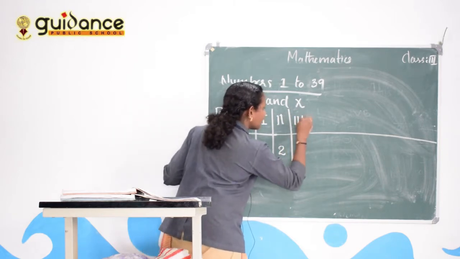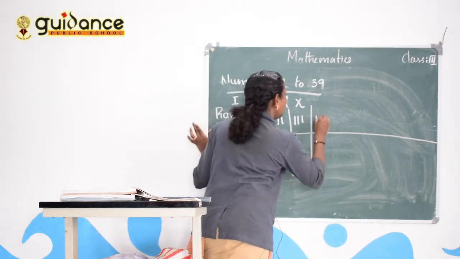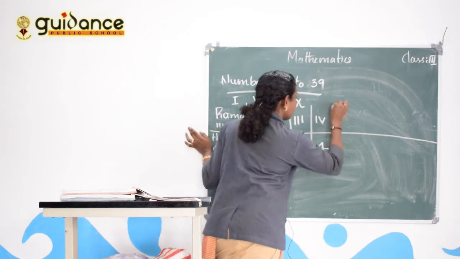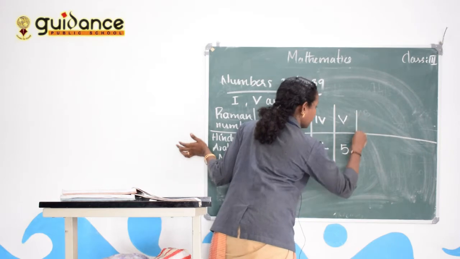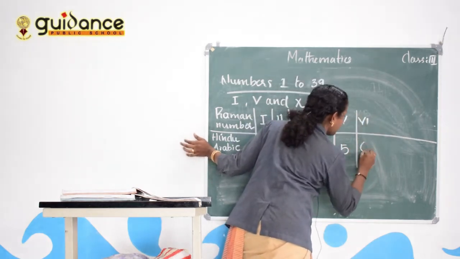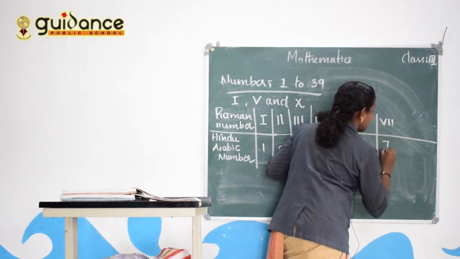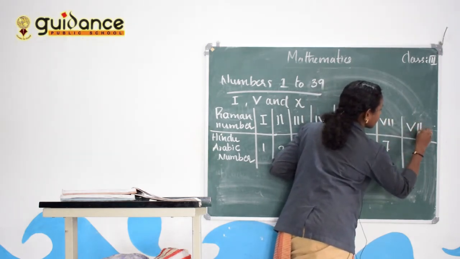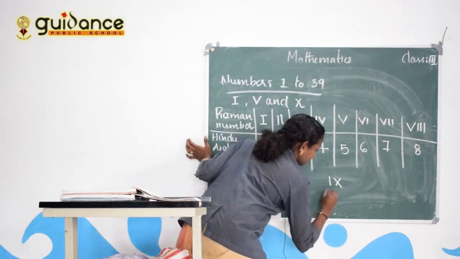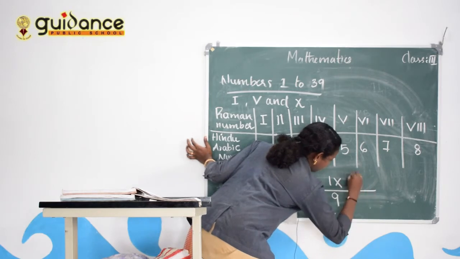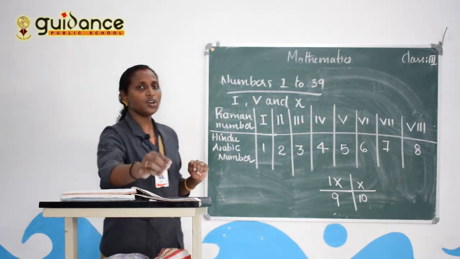The Roman number III is representing the digit 3. The Roman number IV is 4. Then V is 5. Then Roman number VI represents the number 6 and 7, 8, 9 and 10. So all of you clear?